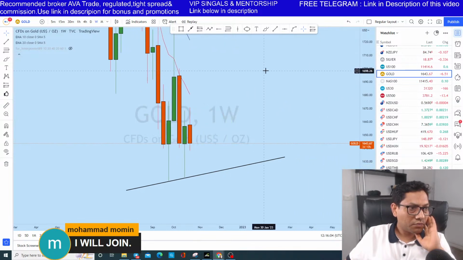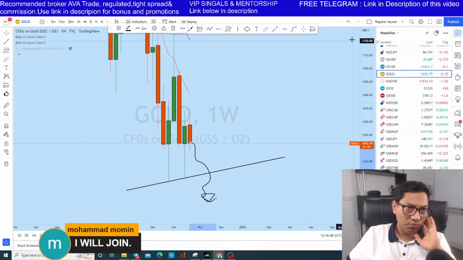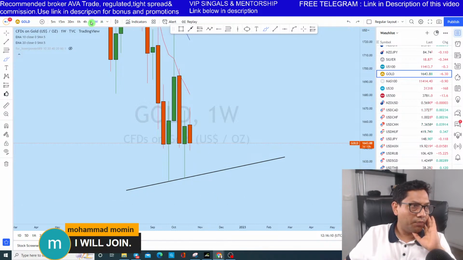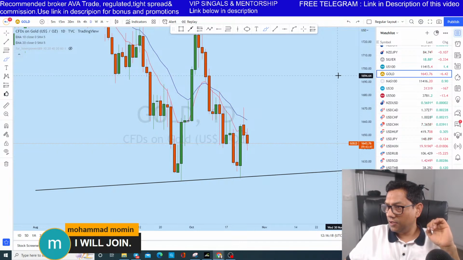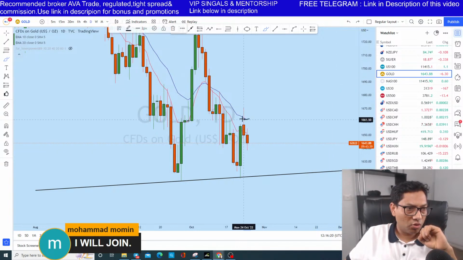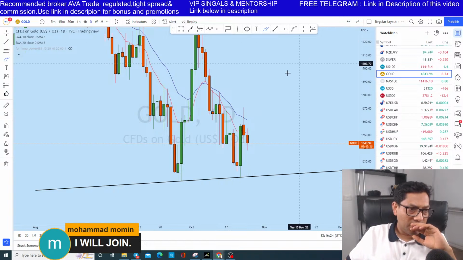Even then, it could continue to drop. Looking at this daily gold candle, it's a very strongly bearish candle.